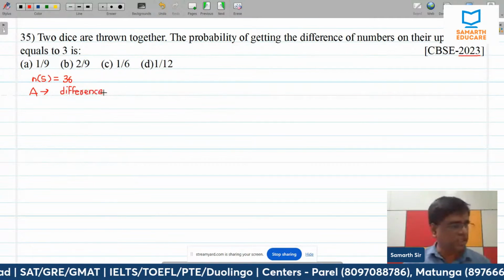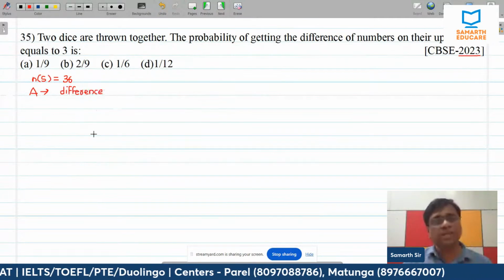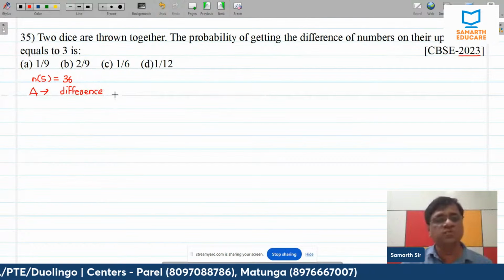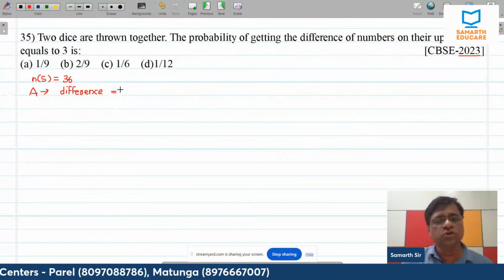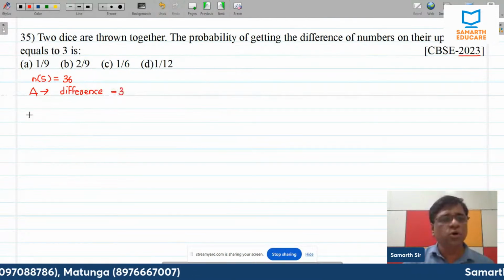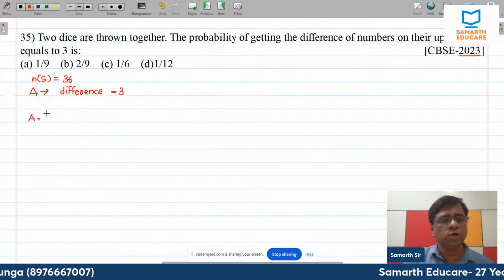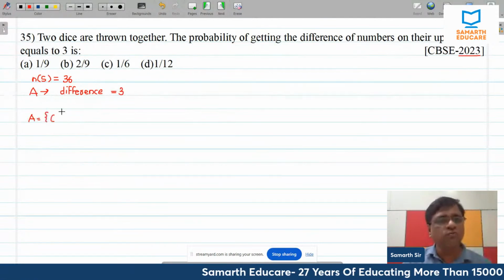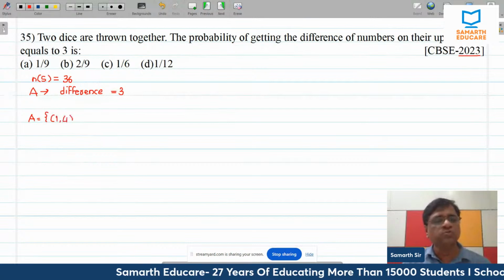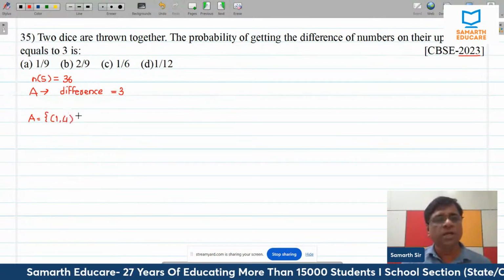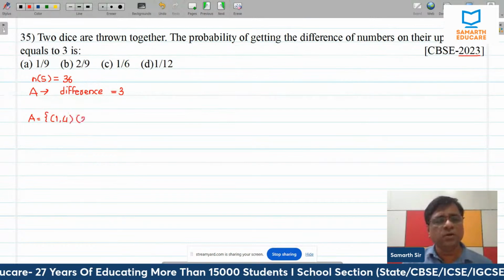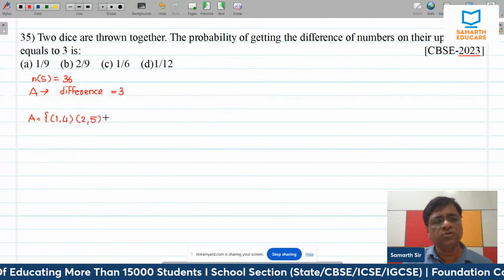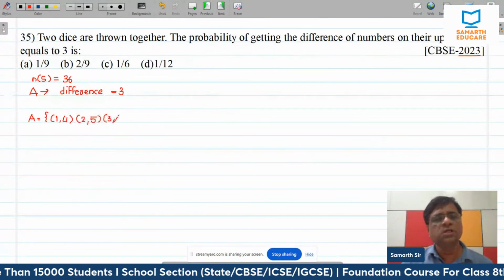So usually they ask for sum or product, but this is the first time they have asked for difference equal to 3. So which points will come in A? Difference equal to 3. First line, if you remember, 1 1, 1 2, 1 3, 1 4: if I take it, what is the difference? 3, right. Then 2 5, the difference is 3. Then 3 6, the difference is 3.